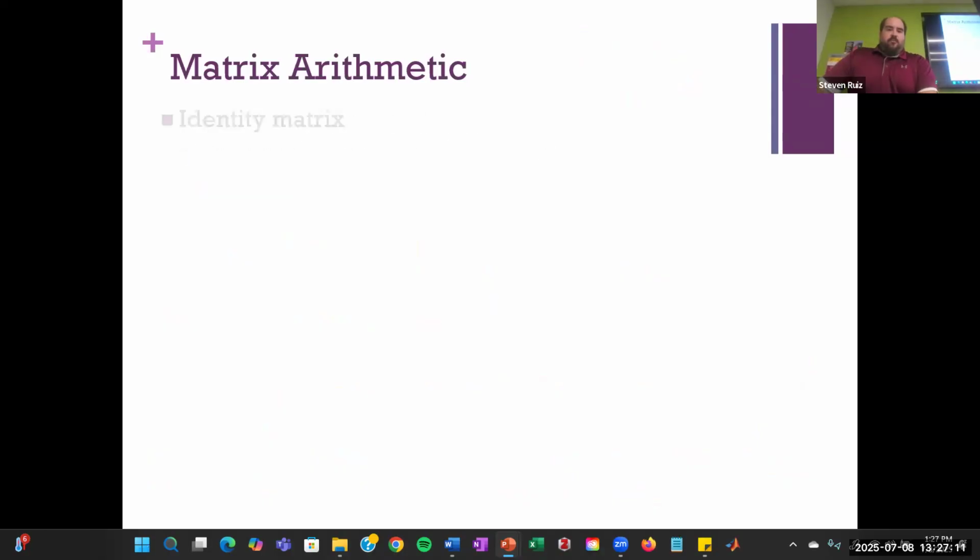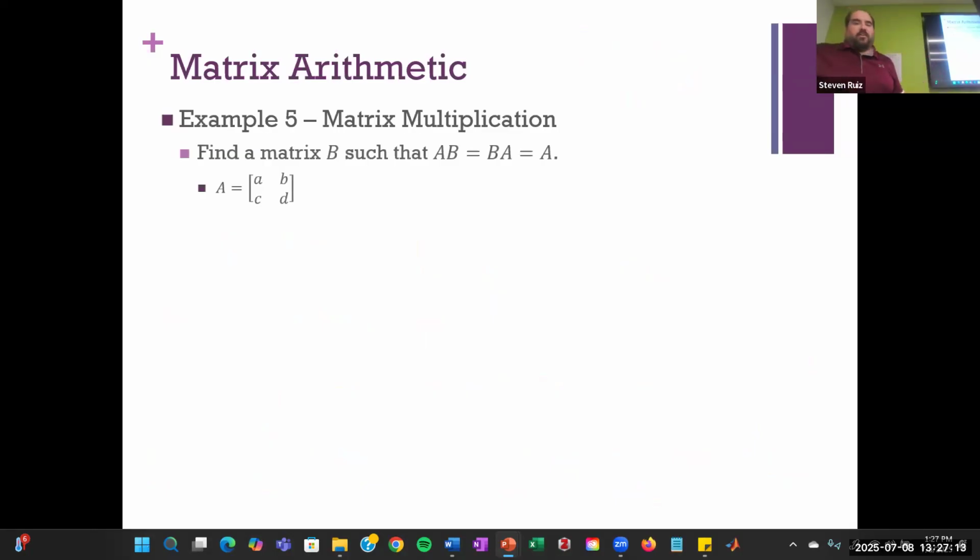Is this something we can do? I want to find another matrix B such that if I multiply it by A, I'll just get A back. First things first, what order does B have to be for this to even make sense? 2 by 2?